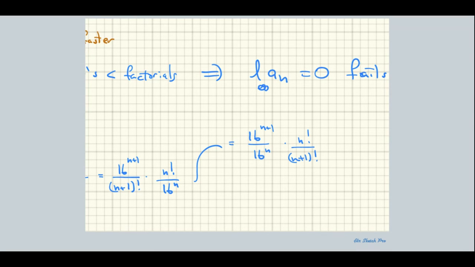This one is 16 to the n times 16, and this is 16 to the n. 16 to the n plus 1 is 16 to the n times 16 to the first, and so this part just cancels. Back over here, I could have seen this immediately, and this is the sort of thing you get used to. I could have killed this.